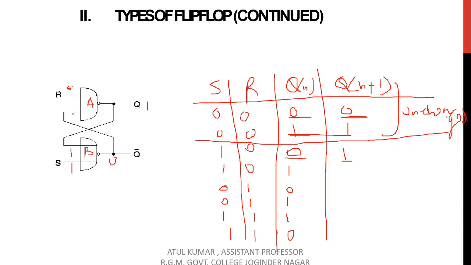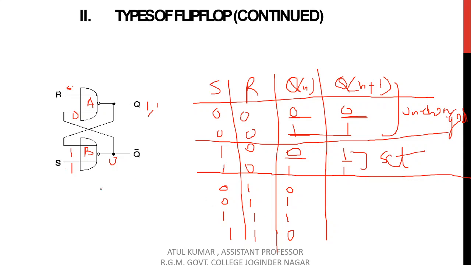When it becomes 0, then the input to the first NOR gate is 0 and 0, its output becomes 1, so the output remains the same. So in case when S is equal to 1 and R is equal to 0, then the output changes to 1. This means the flip-flop goes to the set state. Set state means when the output becomes 1.